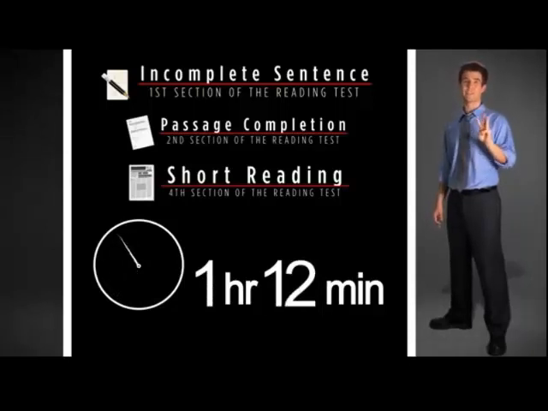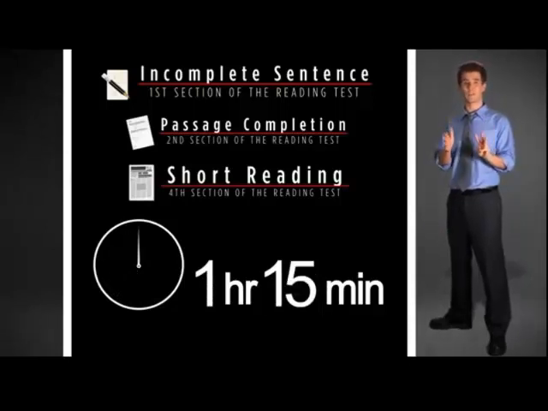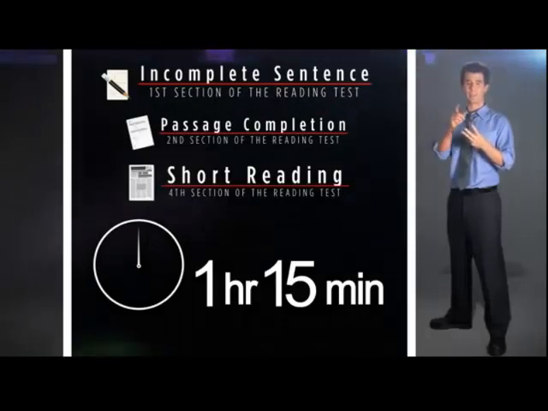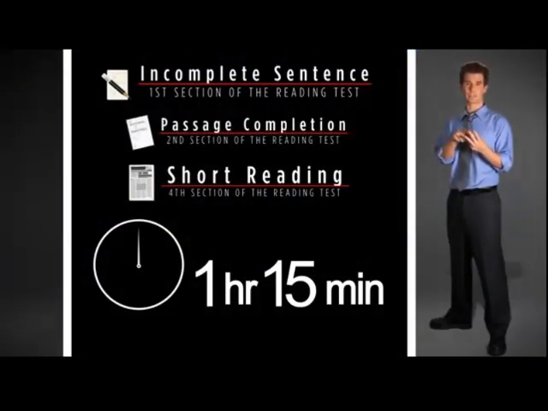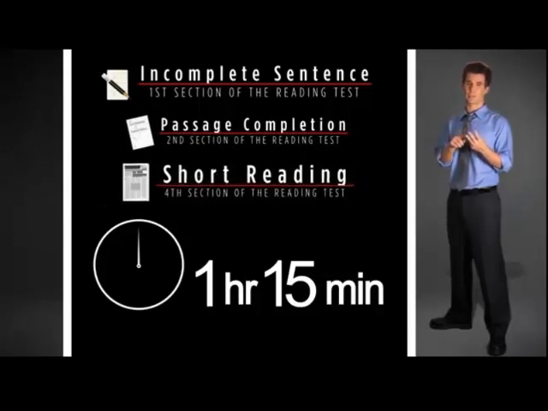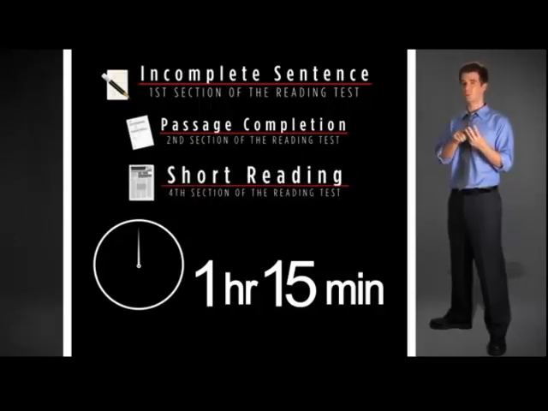But we have 3 different sections that we must do in that time. We have the incomplete sentence section, we have the passage completion section, and we have the short reading section. Now, usually the short reading section is the most difficult. So if we can, we want to try to do the incomplete sentence section quickly so that we have some extra time for the more difficult sections.